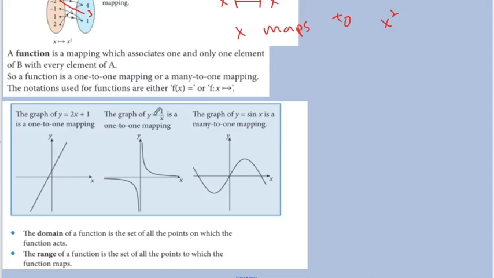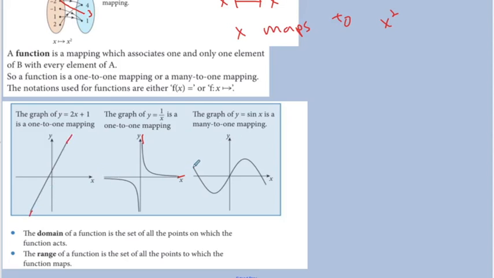The graph of y equals 1 over x is a one-to-one mapping. Okay, these lines would never actually touch, so they don't overlap, so that's okay. Okay, the graph of y equals sine of x is a many-to-one mapping. Now, this graph here, we can assume all our graphs keep going forever.